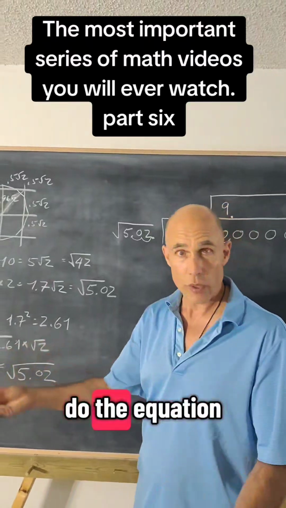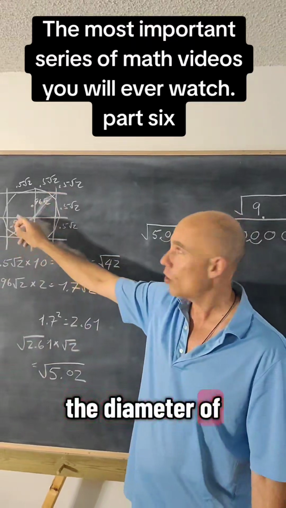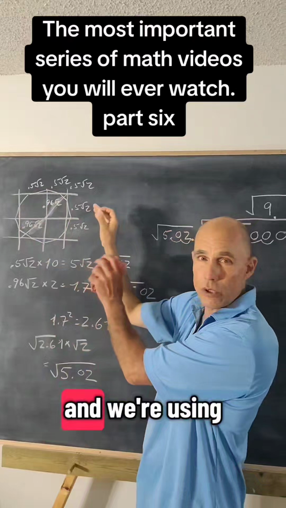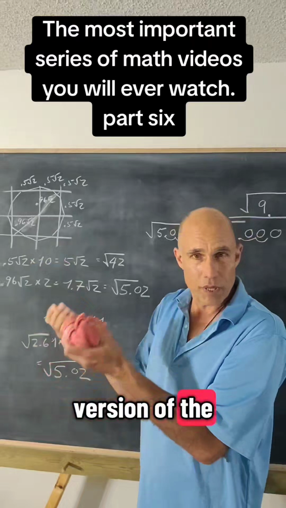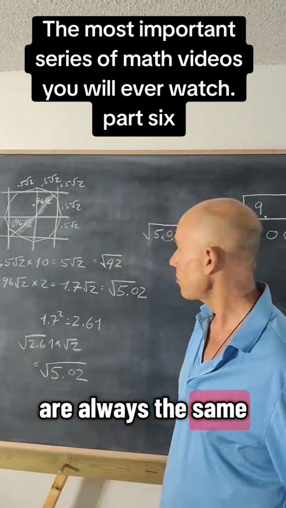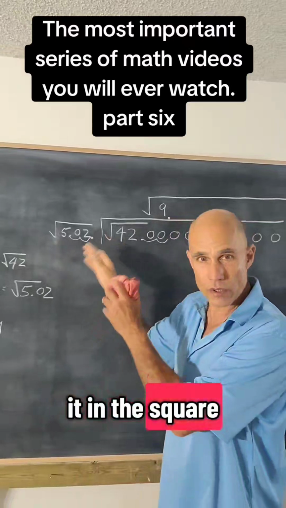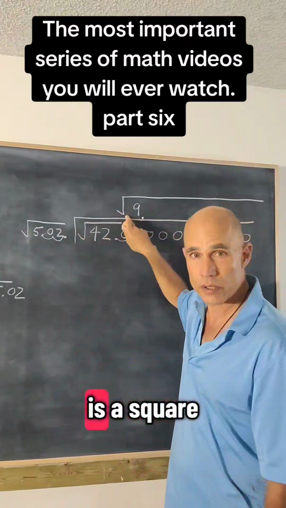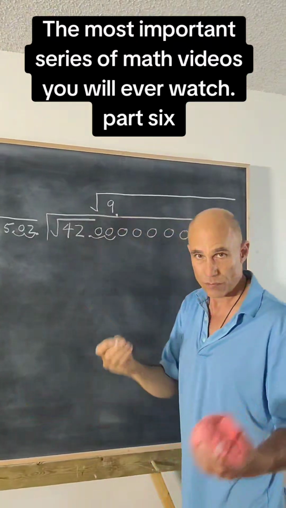So we're going to do the equation of dividing the diameter of the dodecagon into its perimeter, and we're using this version. Of course, we can use any version of that combination because the proportions are always the same. So we're doing it in square root. So our answer is a square root, and it starts with the 9.